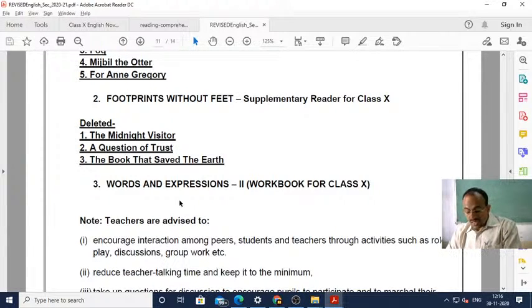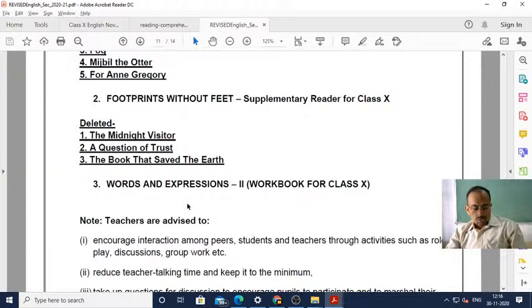Otherwise, suddenly on a fine day it will be difficult for you to answer, and you need to be serious about these 20 marks. Listening is okay, you can somehow manage, but in speaking you might lose some marks, because it requires your presentation skill also. Therefore I shall give you some topics, you practice on these topics, make a podcast on these topics and send it to me, so that I can evaluate your presentation.